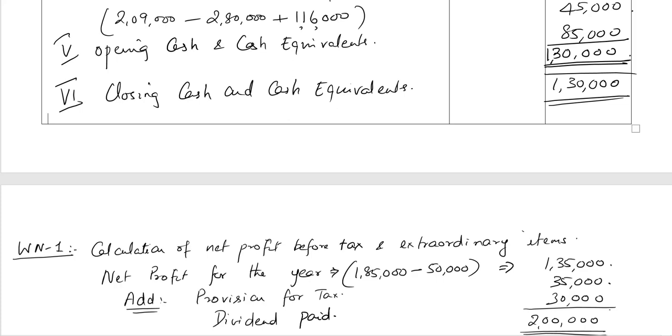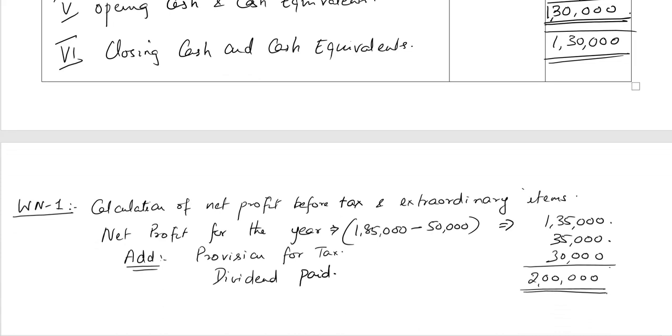The cash flow statement is followed by the first working note, working note 1, which is calculation of net profit before tax and extraordinary items.